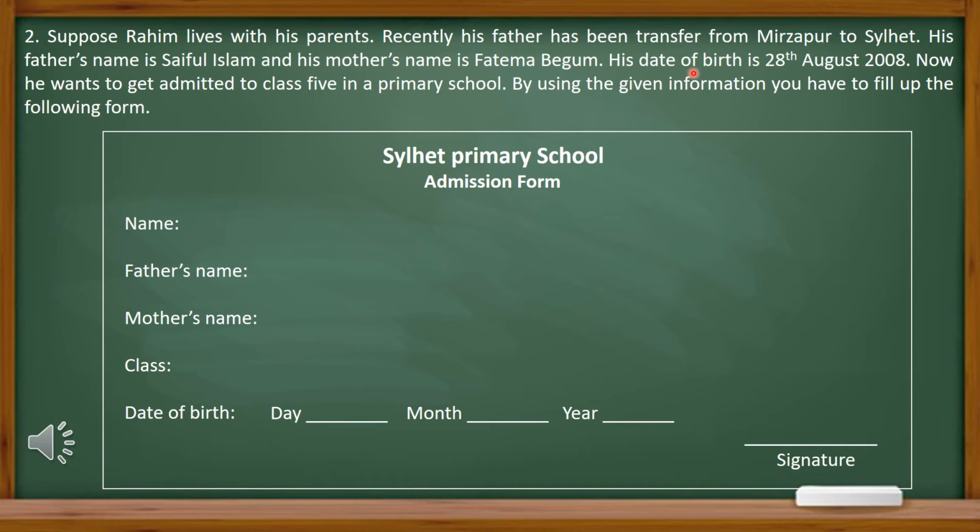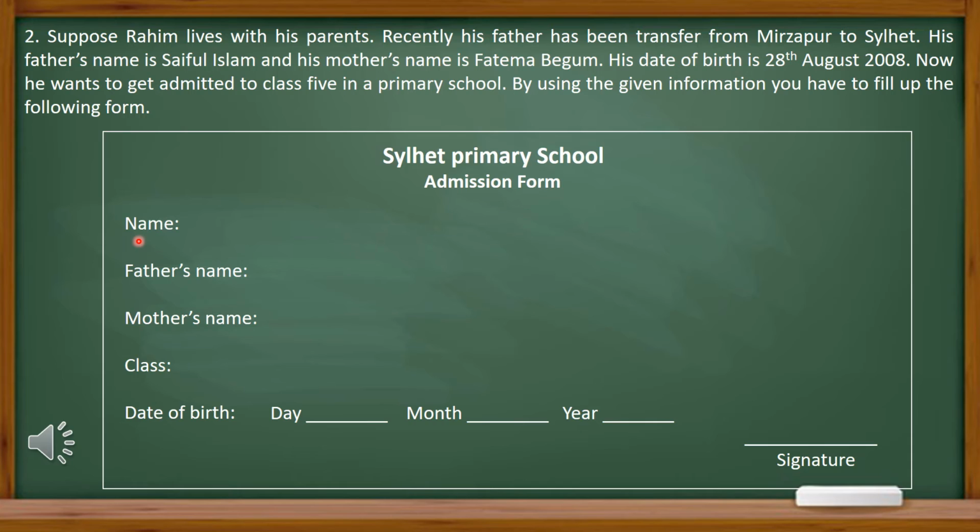His date of birth is 28th August 2008. Now he wants to get admitted to class 5 in a primary school. By using the given information, you have to fill up the following form. We can see the form here, Sylhet Primary School admission form.